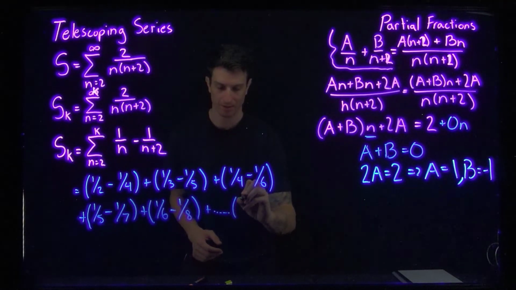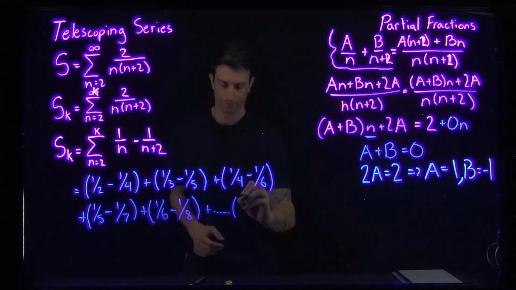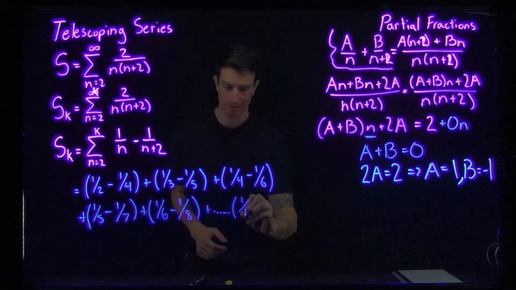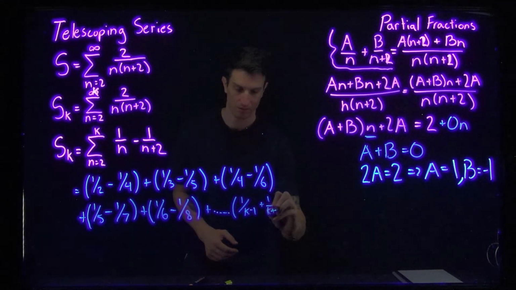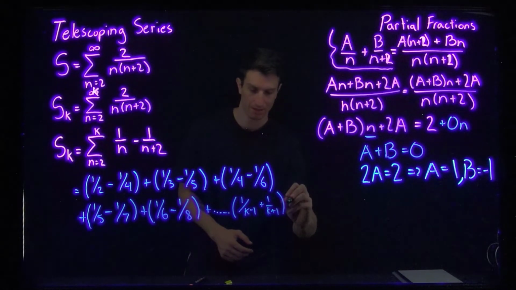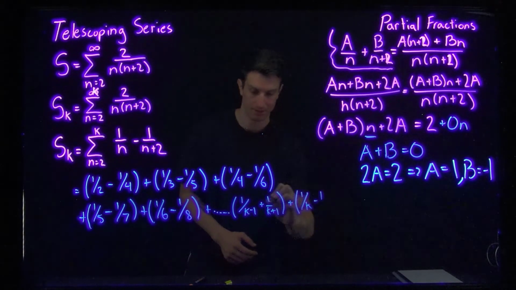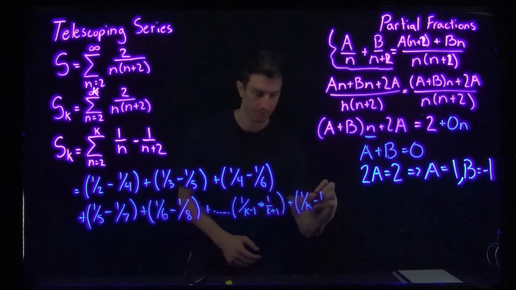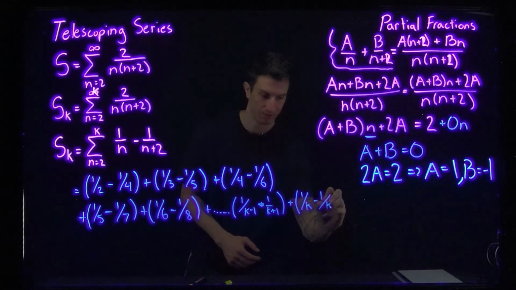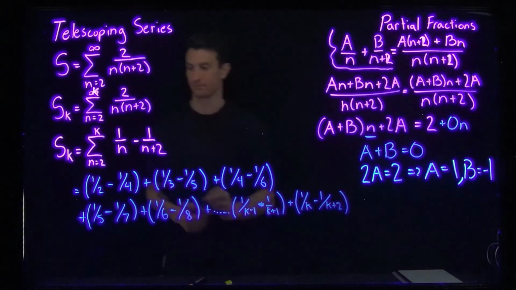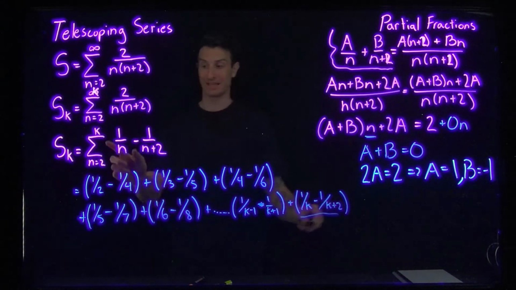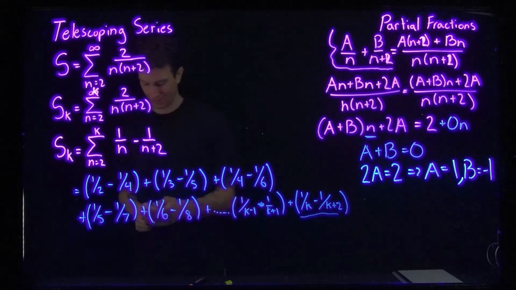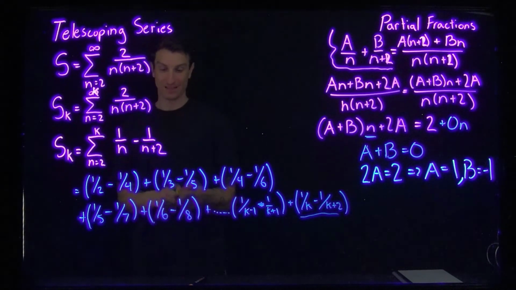The last one is going to be 1 over k plus 1, and our last one will be plus 1 over k minus 1, minus 1 over k plus 2. That's what would happen. This would be our last term if we went to k values. You're like, why did you write out so many of these terms? Well, let's see what happens.